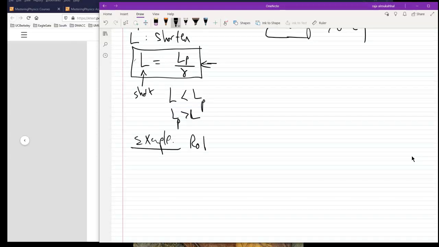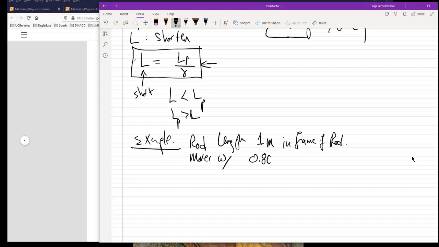Suppose I have a rod, and let's say its length is 1 meter, in the frame of the rod, which makes it the proper length. It moves with, pick a number, say 0.8 c.